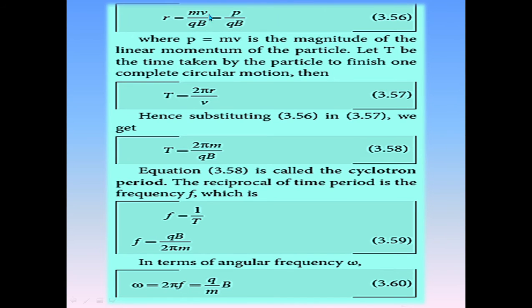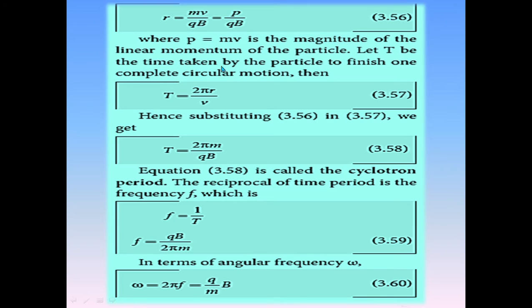Since mv is the linear momentum, p equal to mv, mv can be replaced by p, so r is equal to p divided by qB, where p is the magnitude of the linear momentum of the particle.